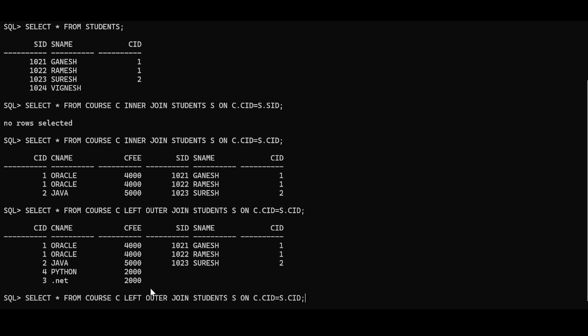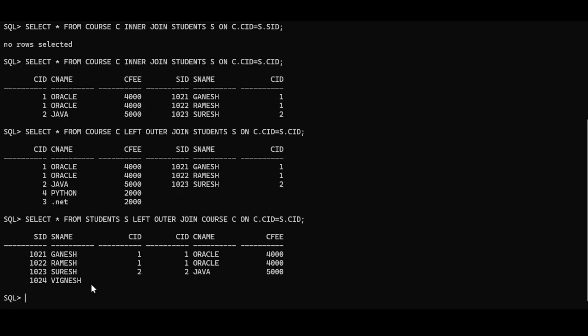If I place the students table on the left instead of course, and course on the right, now you see the unmatched record of student is displayed, with null in the course column.